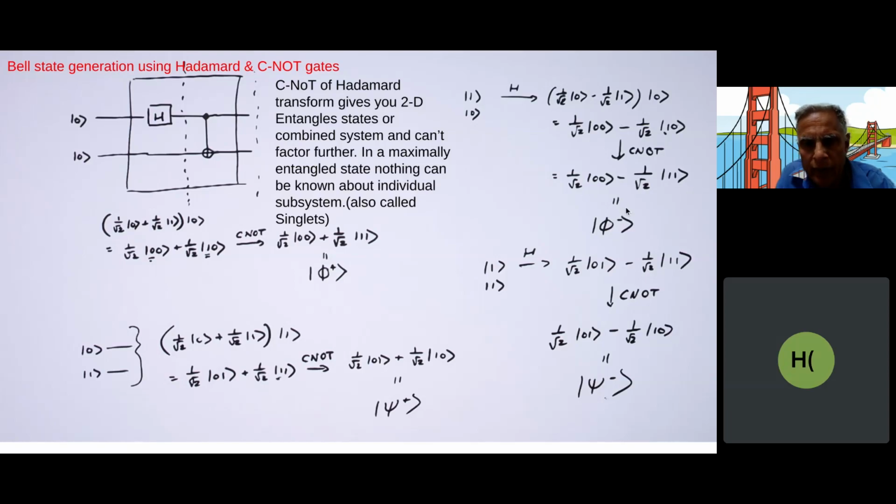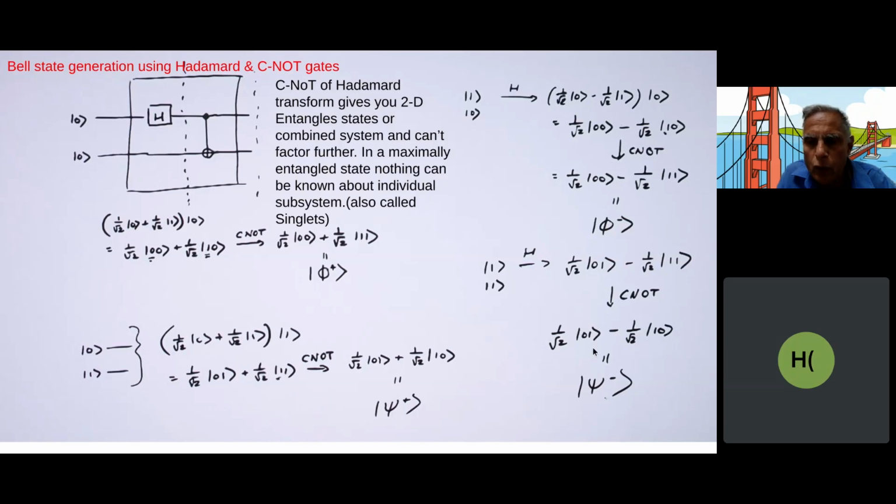This is represented as phi minus. Similarly, when you apply a ket 1 to the same gate, you are going to get minus, that is, ket minus is nothing but 1 by root 2 ket 0 minus 1 by root 2 ket 1, with the second qubit being 1. If you take a C naught, because you are getting a 1, the second bit will flip, so it will become 0.